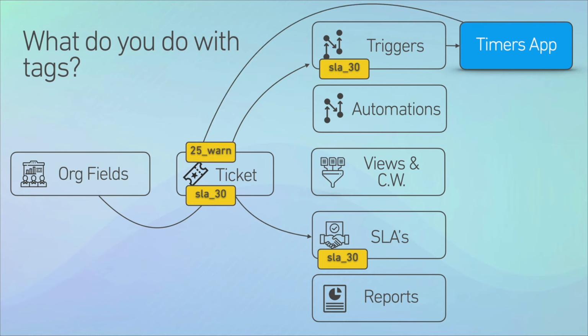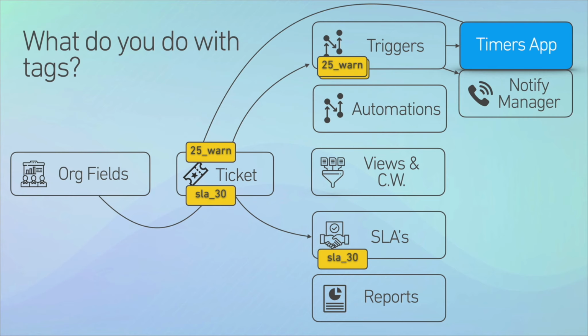And if the ticket still hasn't been responded to 25 minutes later, you could set it so that the timer app adds the 25 warn tag to the ticket. And then this tag could trigger the manager to be notified, and it could also be used in reports to see how many tickets came within 5 minutes of breaching the SLA. So these are just a few examples of the types of flows that are made possible using tags.